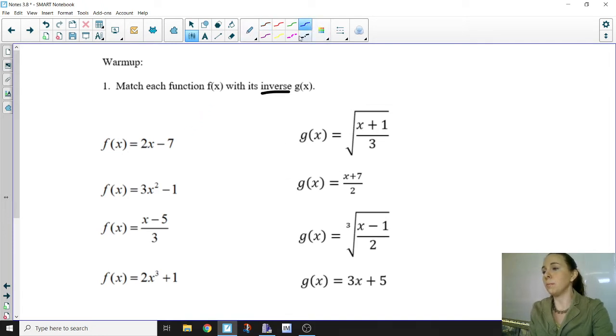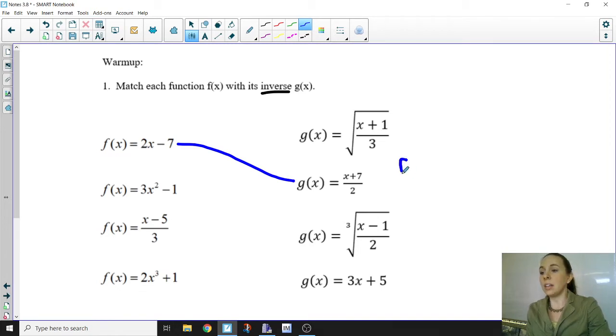For example, let's go with blue. F of x equals 2x minus 7. Its inverse is going to be this one, g of x equals (x plus 7) divided by 2. Now, let's talk about why they're inverses with some algebra. Whenever you have a set of inverses, whenever you compose them, in either order, what you should get out of that is x for them to indeed be inverses.